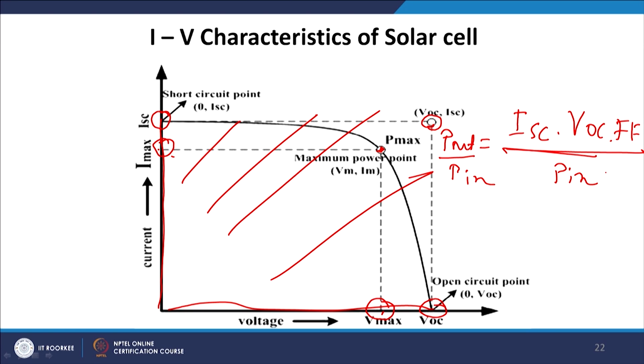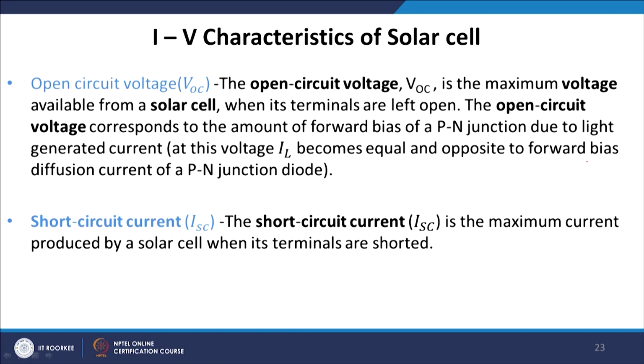It gives us P output divided by P input. This is nothing but the efficiency of a solar cell if we multiply it by 100. So, the efficiency of a solar cell is ISC, short circuit current, times the open circuit voltage times the fill factor, divided by the input power. Let us define these terms one by one.